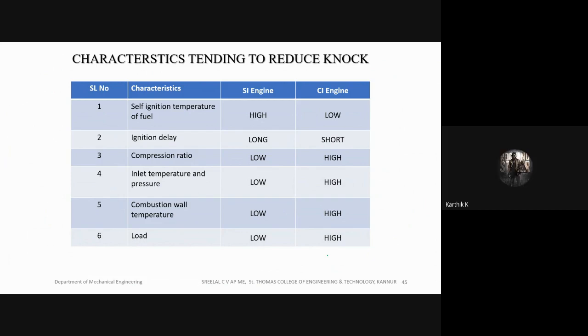So in the next class you have to go through this particular slide. After this, consider the self ignition temperature of the fuel.